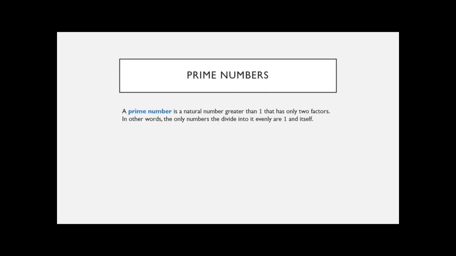So the next thing that you need to understand are prime numbers, because for prime factorization, we just talked about factors, now we need to talk about the prime part. So a prime number is a natural number, and natural numbers are just our numbers 1, 2, 3, and so on. They're numbers we count with, but we don't include 0, because when we start counting, we don't start at 0, we start at 1.